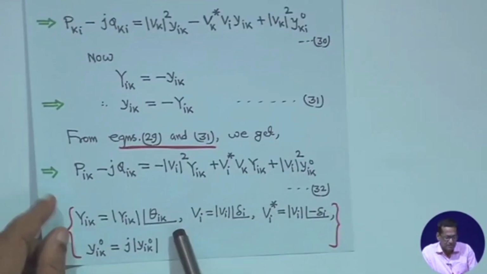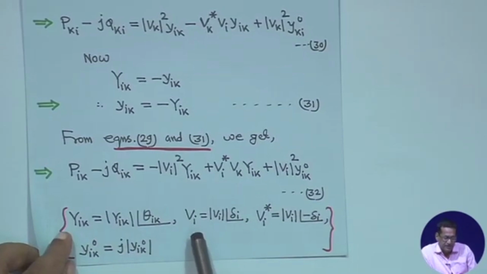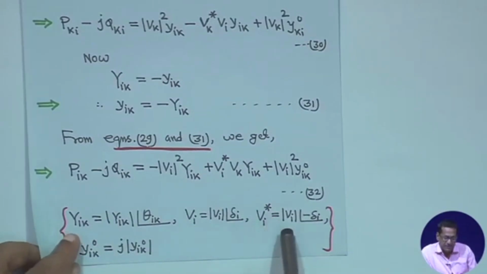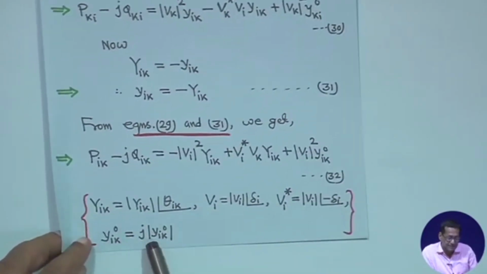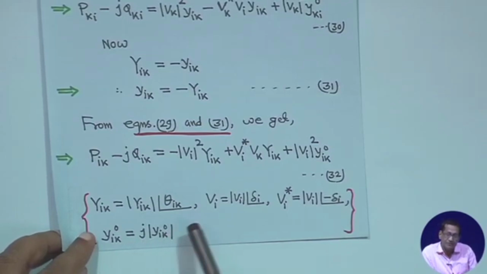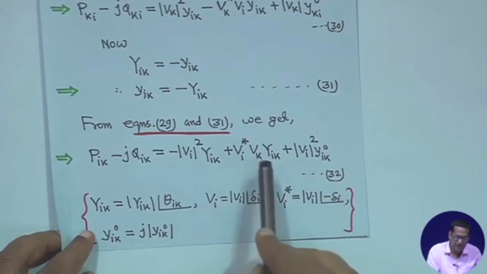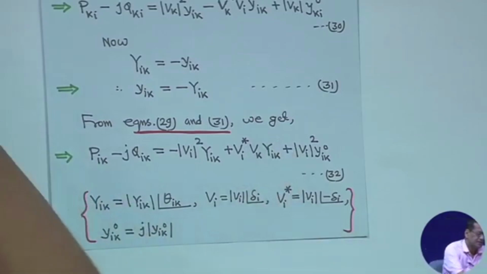Now, same as before, you write capital Y_ik is equal to |y_ik| angle theta_ik, then V_i is equal to |V_i| angle delta_i, V_i conjugate is equal to |V_i| angle minus delta_i, and it is a charging admittance. So y_ik0 is equal to j|y_ik0|, the charging admittance, as we have seen earlier also. All these things you substitute in this equation, then we will separate real and imaginary parts.